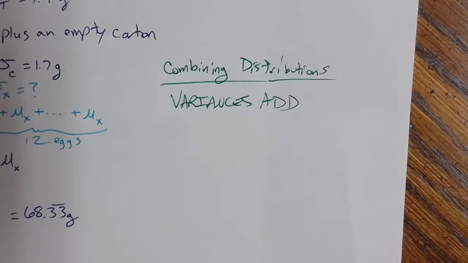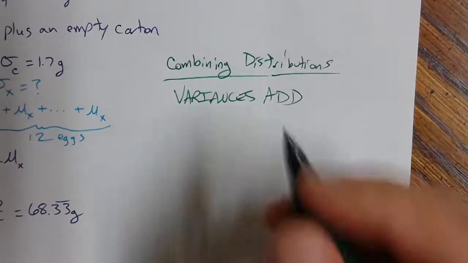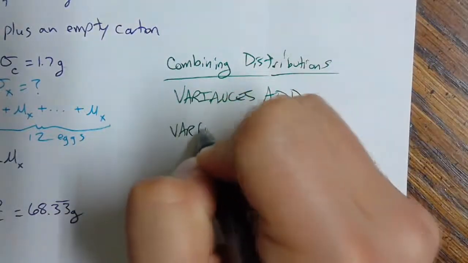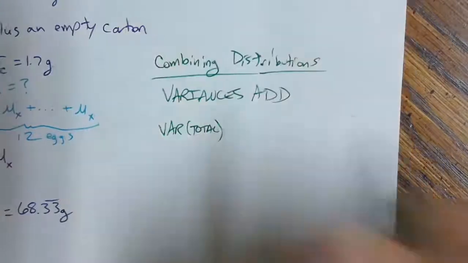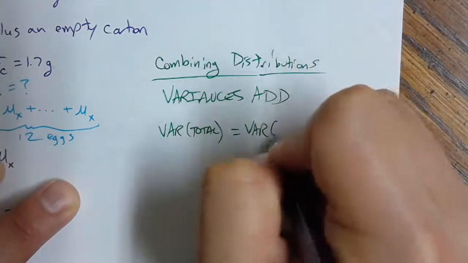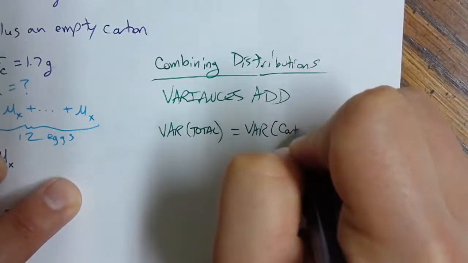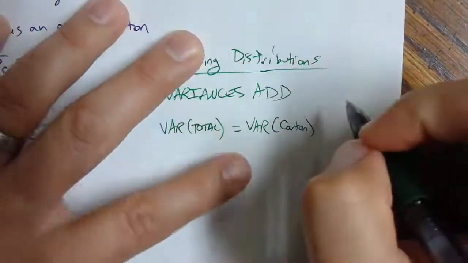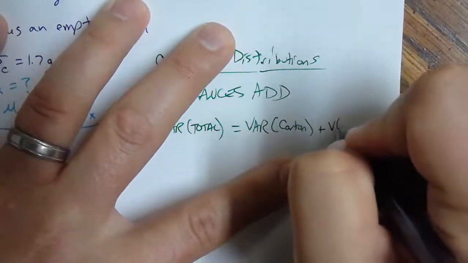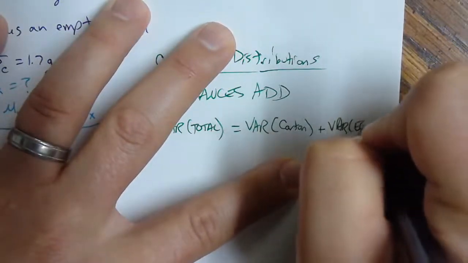In this case, we have 13 different distributions that we're adding together. And it's going to look something like this. So we know that the variance for the total has to equal the variance for a single carton. And similarly to before, we've got the variance of an egg.